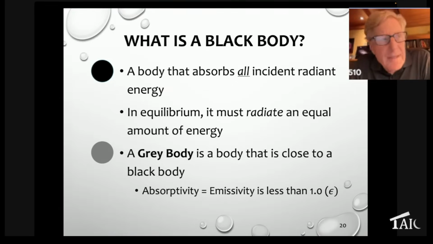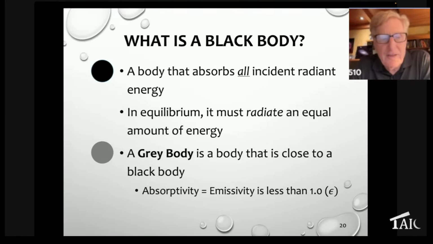It turns out that, when we talk about all radiation at all wavelengths, that means a wavelength of infinity. That implies that a black body is a theoretical construct. It's not something that's real. So instead, we talk about things called gray bodies. And a gray body is a body that's close to a black body, and it can be really close.